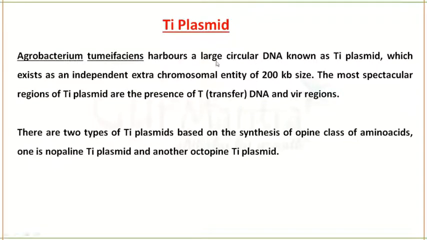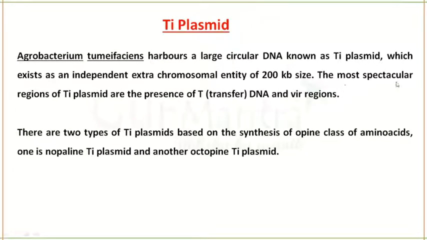It harbors a large circular DNA known as the Ti plasmid, which exists as an independent extra chromosomal entity. This is the definition of a plasmid, right? Extra chromosomal entity which can replicate independently, and it is of size 200 kilobases.